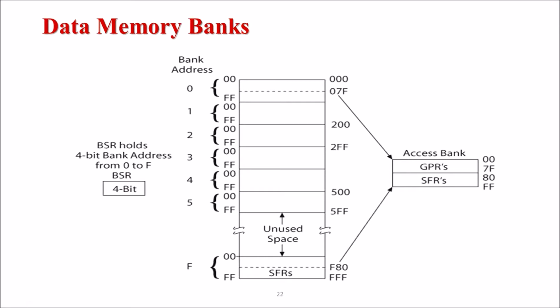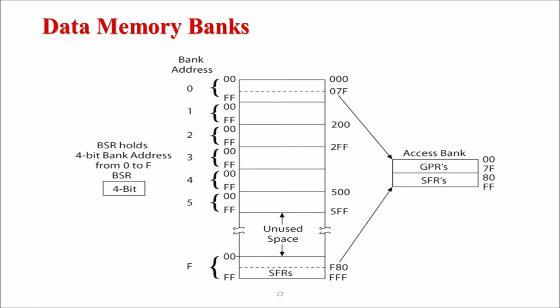So if it is bank 0, 0000 will be stored in BSR register, and if it is bank F, then 1111 will be stored in BSR register. So we can say that the address of this register bank is stored in the BSR register, or BSR register is used as a pointer to this memory bank in direct addressing mode.